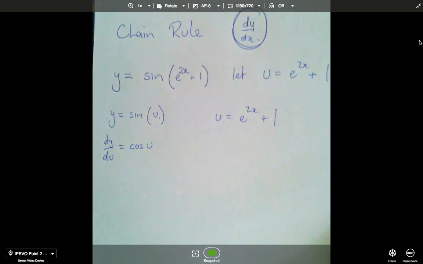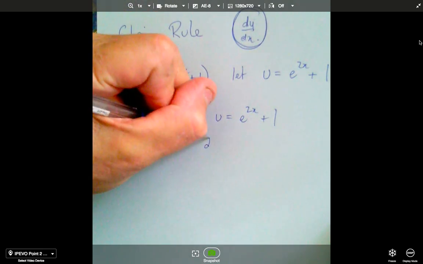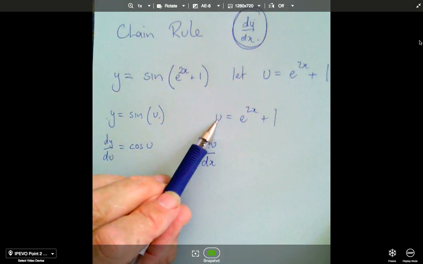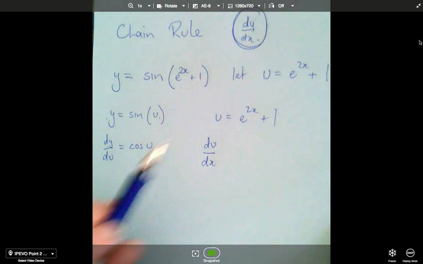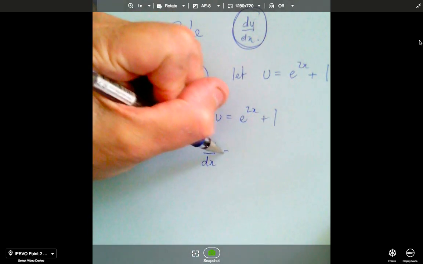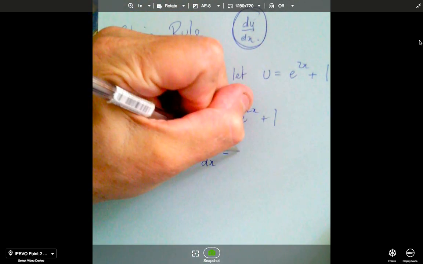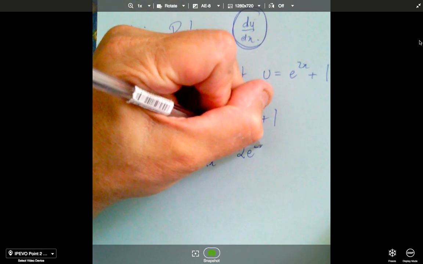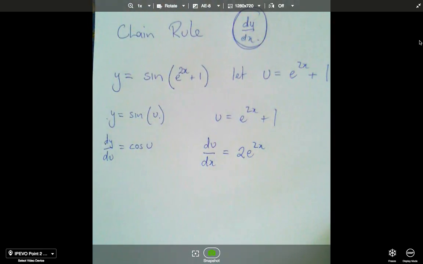Nothing hard about that. Here, we are going to get du dx. It's not going to be dy dx anymore. We've got a u here. So du dx equals, we bring the power down, 2e to the 2x. And when we differentiate 1, it just becomes 0.